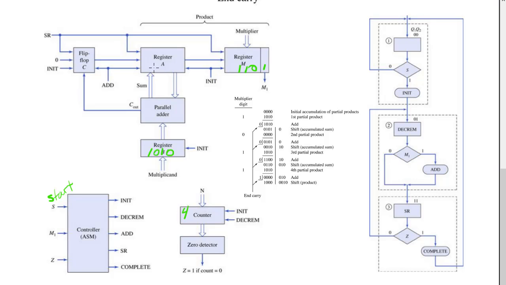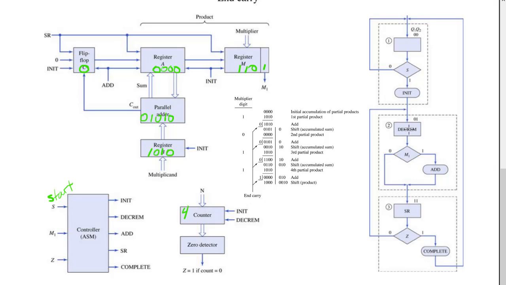It's initializing this register with 0, 0, 0, 0, and this register with a 0. And immediately this parallel adder is adding 0 plus this, so it's adding 0, 1, 0. And there's no carry at this point. So we finished the initialization.